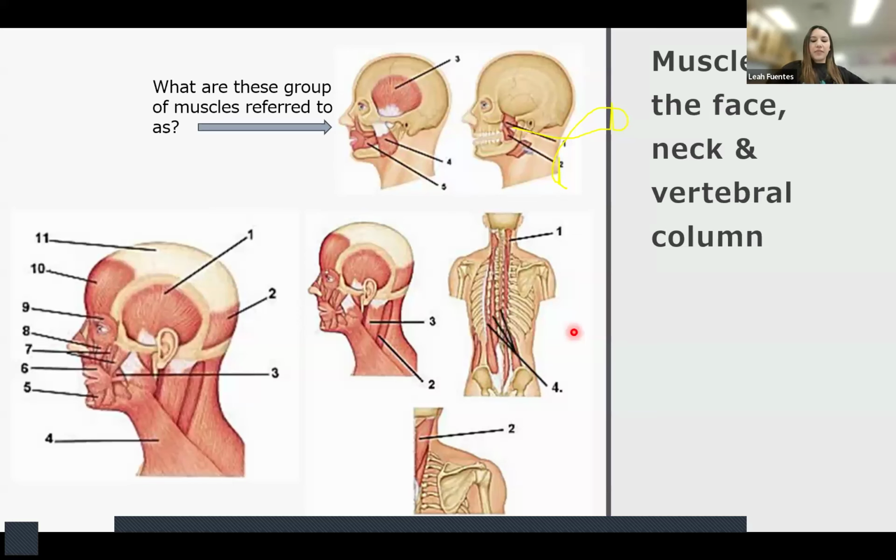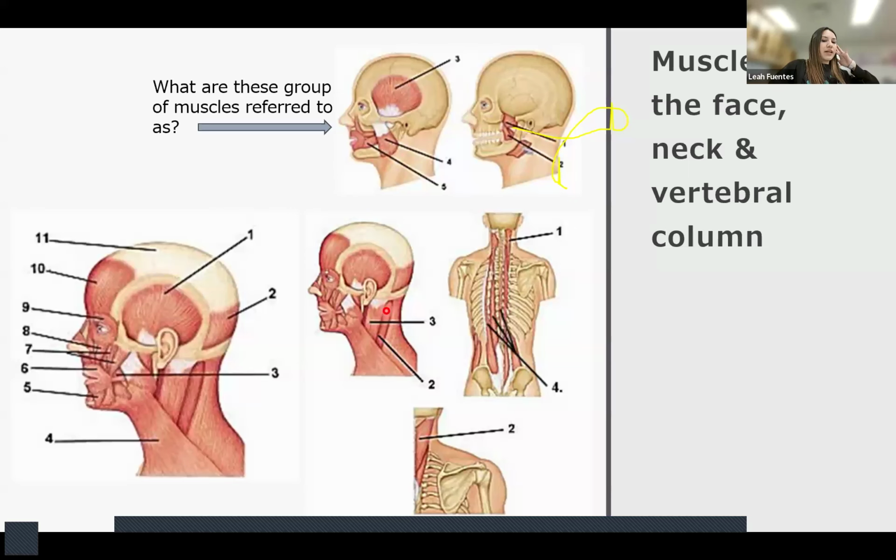Okay, let's see. We're going to move this way. We have number 3 right here. Does anybody know what this one is? Try to think of where this is. Yeah, so this one is that really long one. We can see that it is originating at our skull, which would be our mastoid process.